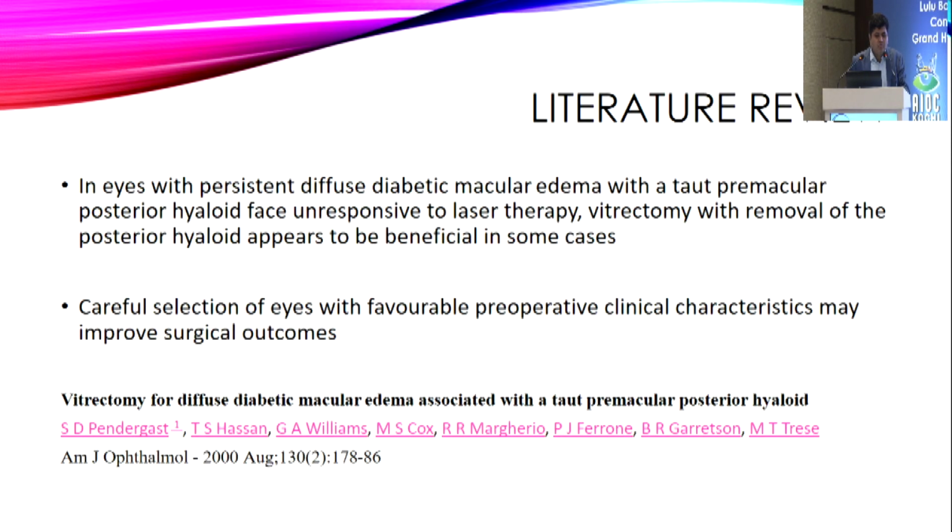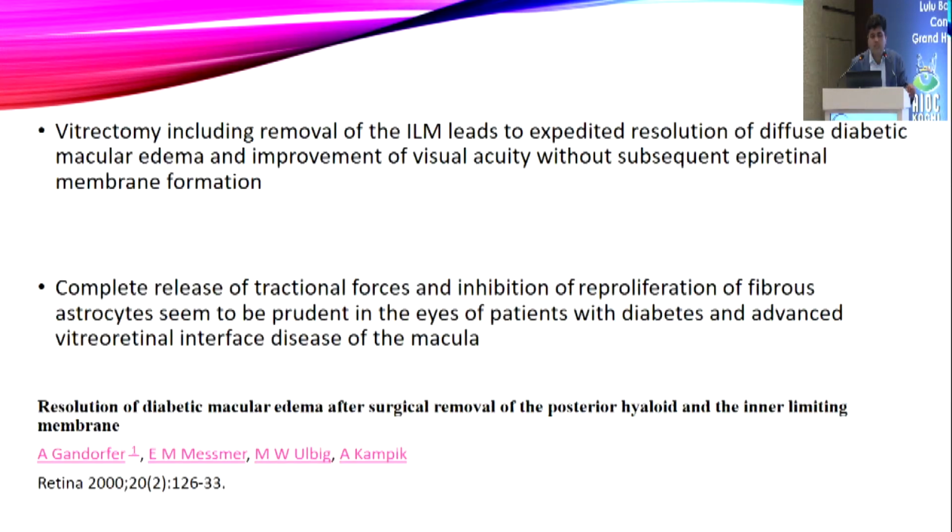In literature reviews, in eyes with persistent diffuse diabetic macular edema with a premacular posterior hyaloid phase unresponsive to laser or anti-VEGF, vitrectomy with removal of the posterior hyaloid appears to be beneficial in some cases. Careful selection of eyes with favorable preoperative clinical characteristics improves the surgical outcome, and many articles have also found that RNFL thickness is very important in patient selection criteria.